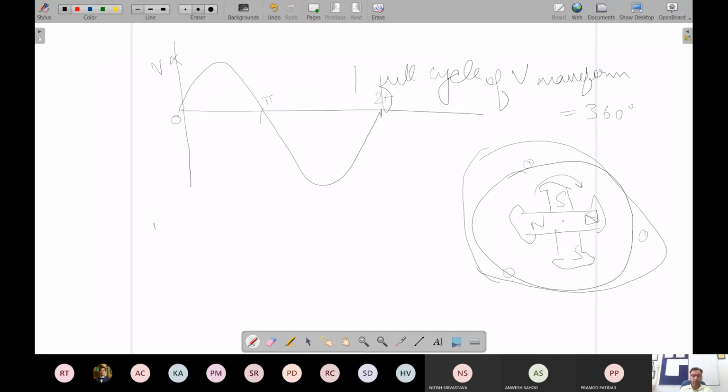So in half a mechanical rotation, that means 180 degrees mechanical, this is generating one full cycle of the waveform of the voltage or current. So it is equivalent to 360 degrees electrical. That's all. So basically theta E is equal to 2 into theta M. That is how it is.